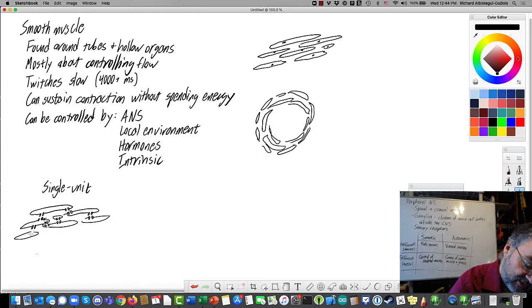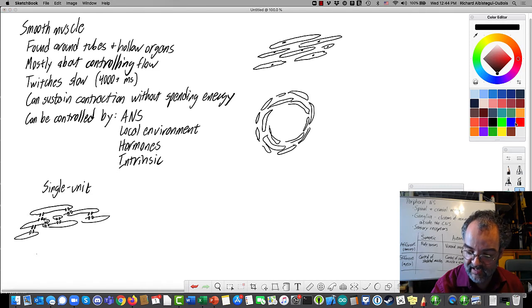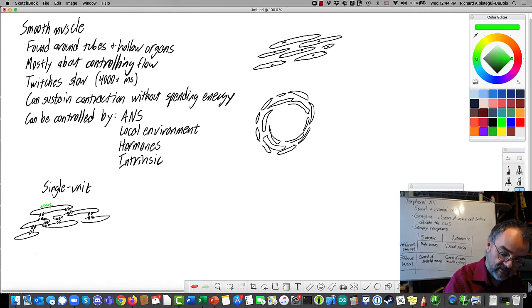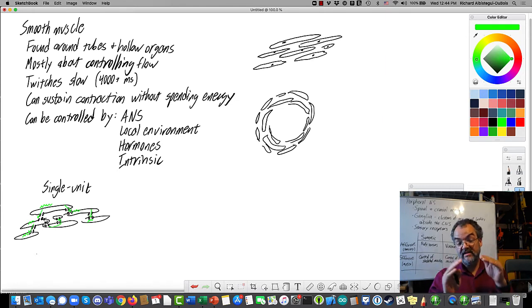So in single unit muscle, all of these cells are connected to each other, so that if I have some sort of signal to contract in one cell, it will pass to all the other cells down these gap junctions. So that if one cell gets the signal to contract, it spreads to all of the other cells that are connected in that single unit so that they all work more or less together.